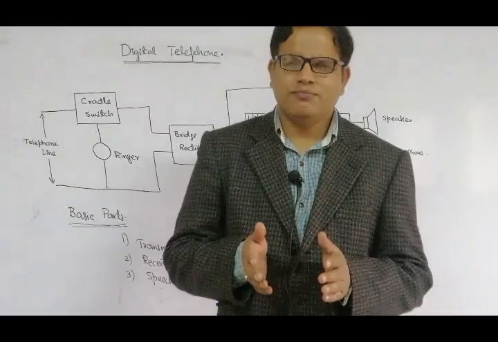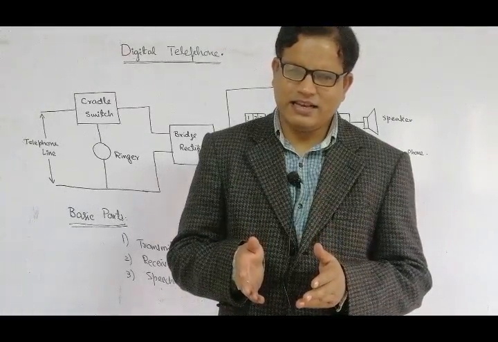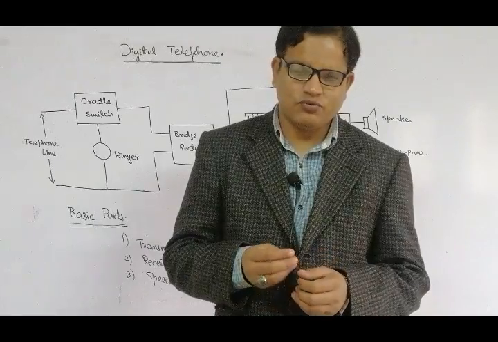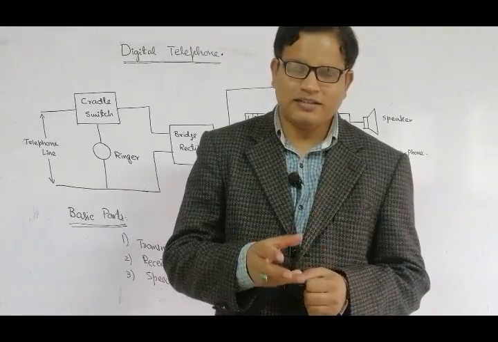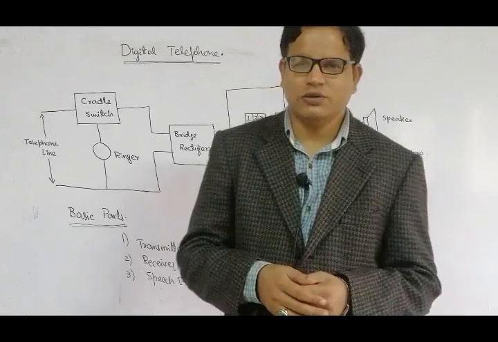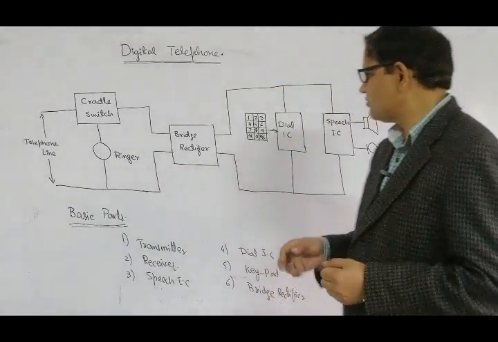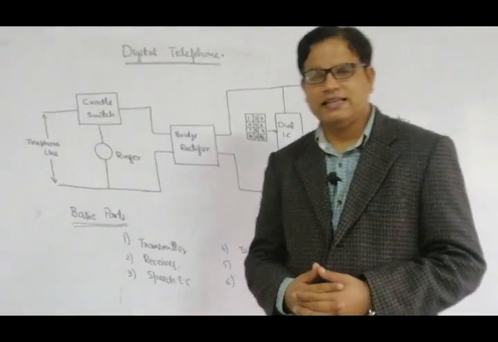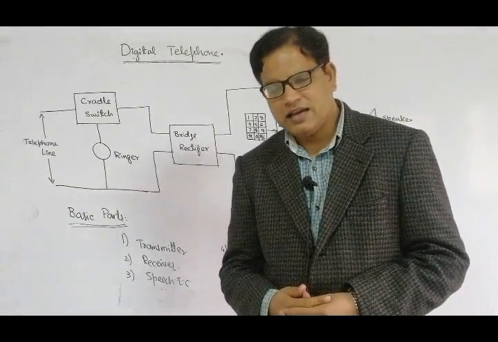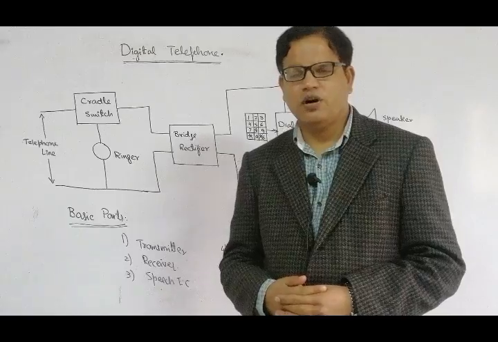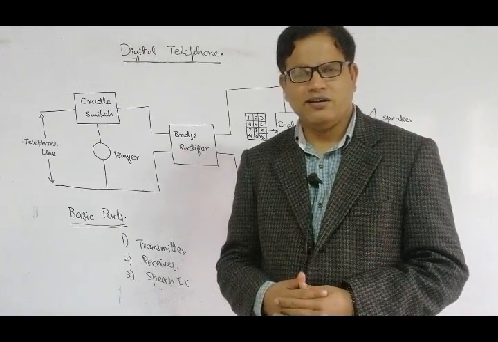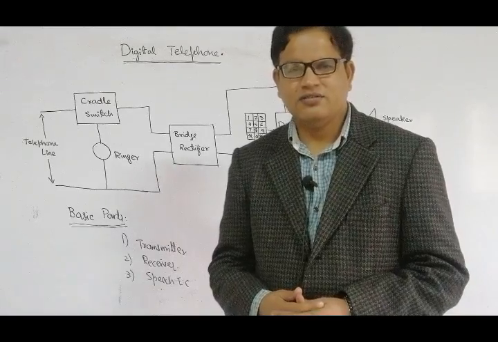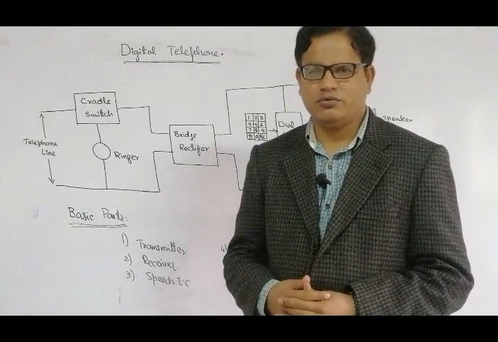With the passage of time, as electronics advanced, the electromechanical telephone sets adopted semiconductor technology, basically IC technology, which was less costly and easier to use than the older electromechanical technology.